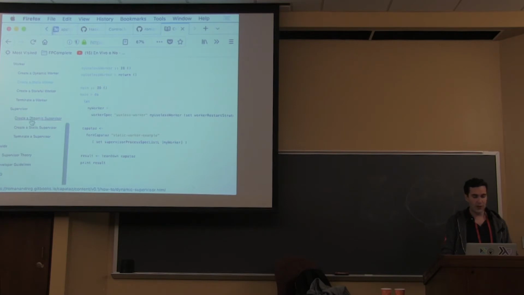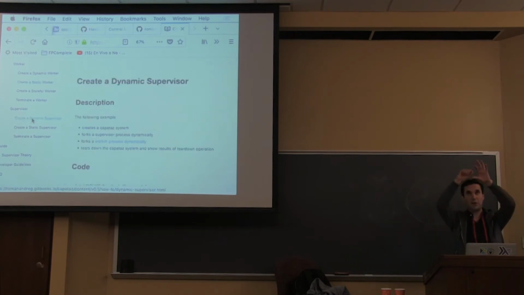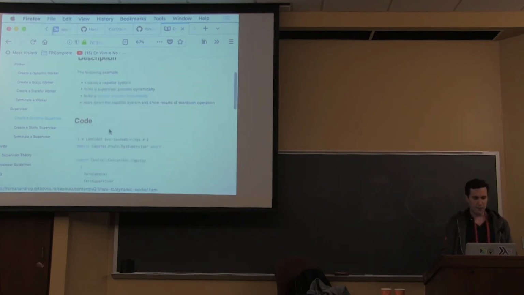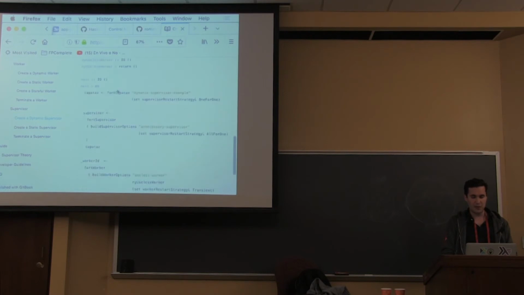There's also a way to, again, create a supervisor in the middle. Like you have the root supervisor and you have the workers. You can have a middle supervisor in here for whatever reason you need to. For that, it's more or less the same. You need the Capataz. You need to do fork supervisor with the supervisor options. And in here, for example, we're saying that the restart strategy is all for one.